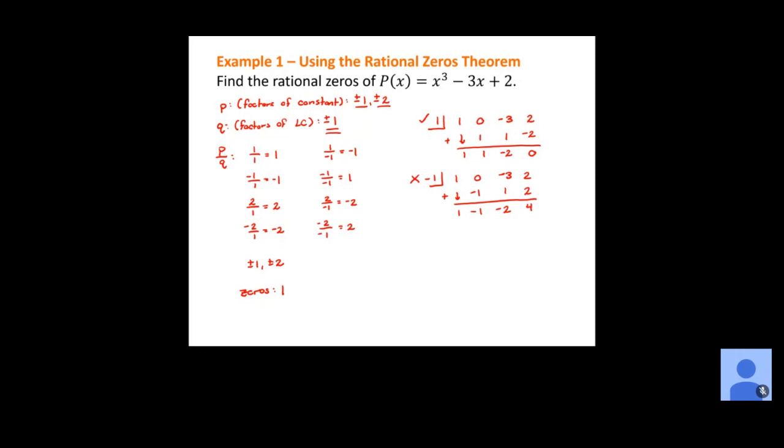So in all cases, we're looking for that remainder to be 0. As long as it's 0, we know it's a 0 of the polynomial. If we don't get a remainder of 0, then we know it's not. All right, let's check the next two now because we have positive 2. Again, our coefficients are the same.